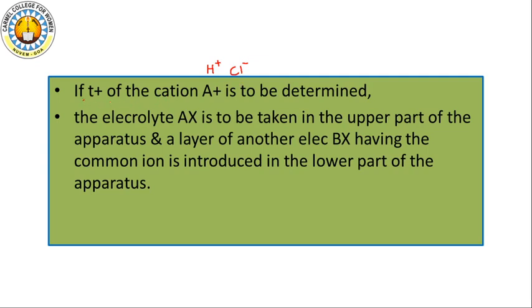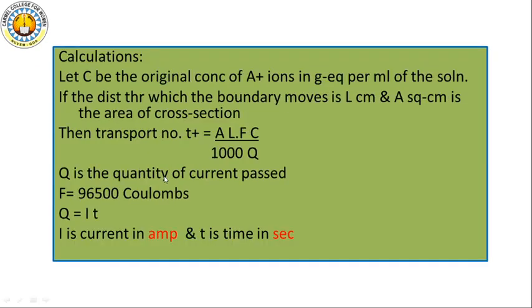So here what we do is, if T plus of the cation A plus, so our A plus here is nothing but the H plus ion, is to be determined, then the electrolyte AX is to be taken in the upper part of the apparatus, and a layer of another electrolyte BX having the common anion is introduced in the lower part of the apparatus.